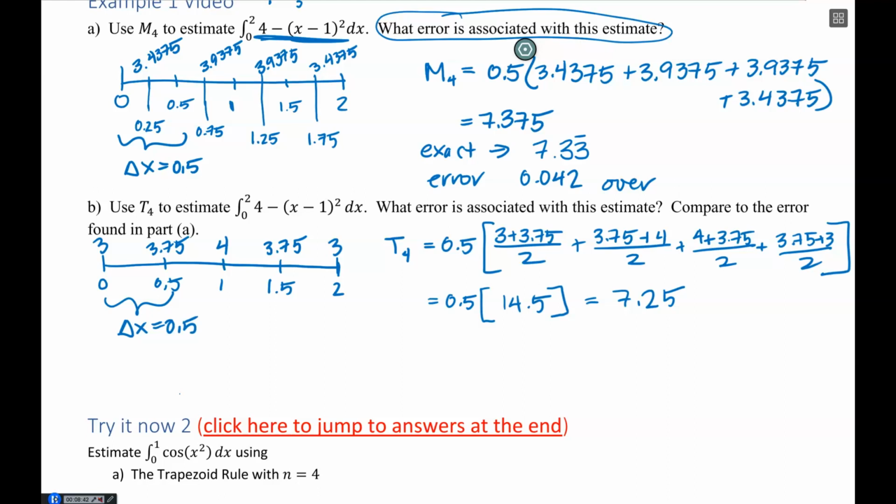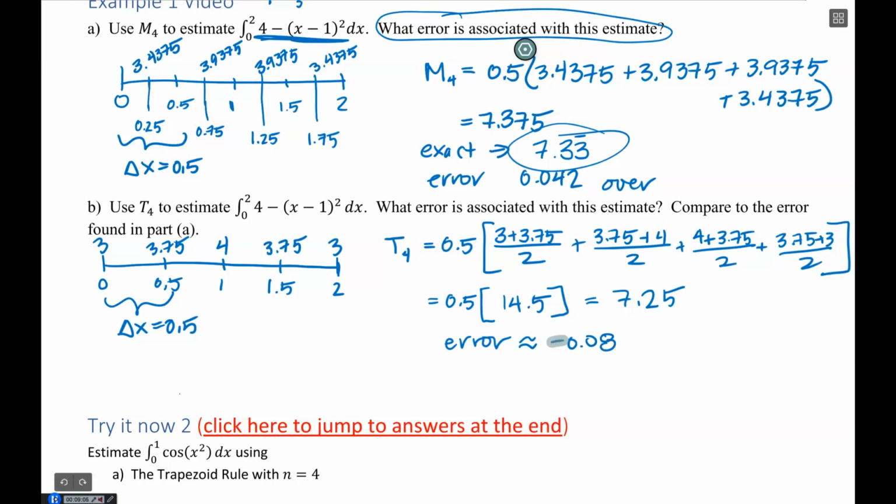And again, we're looking at what is the error associated with this. So we can go back to our exact, and if we take that and subtract it off, 7.33, we're getting an error of about negative 0.08.